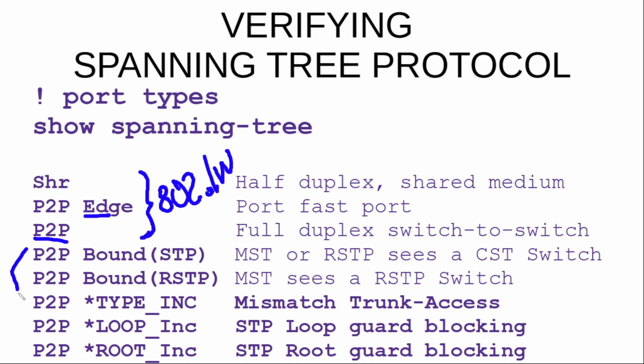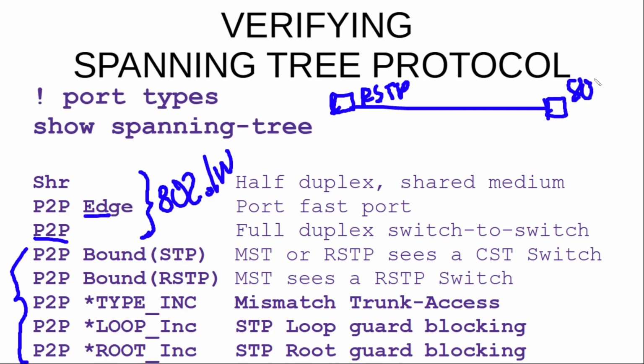We can see others. For instance, if we were configuring one switch with rapid spanning tree protocol, and these were connected to a traditional 802.1D, we will see this port reporting bound STP, because we are seeing a traditional, original spanning tree protocol switch.